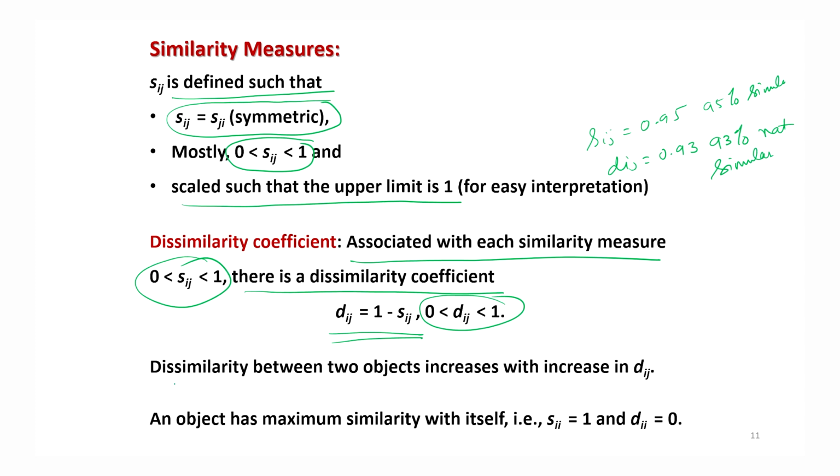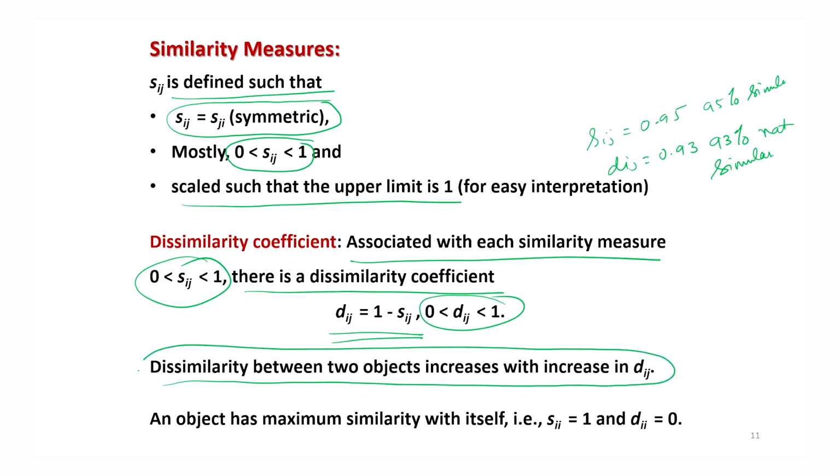The dissimilarity between the two objects increases with an increase in the value of Dij. And obviously an object has the maximum similarity to itself. So the maximum similarity with itself is indicated by Sii, which is equal to 1, and Dii is equal to 0. For example, you are more similar to yourself, right?